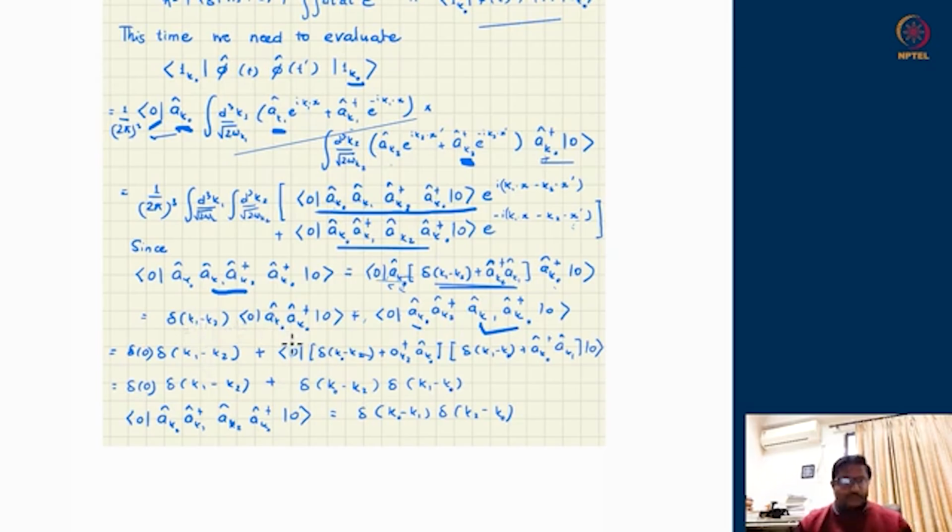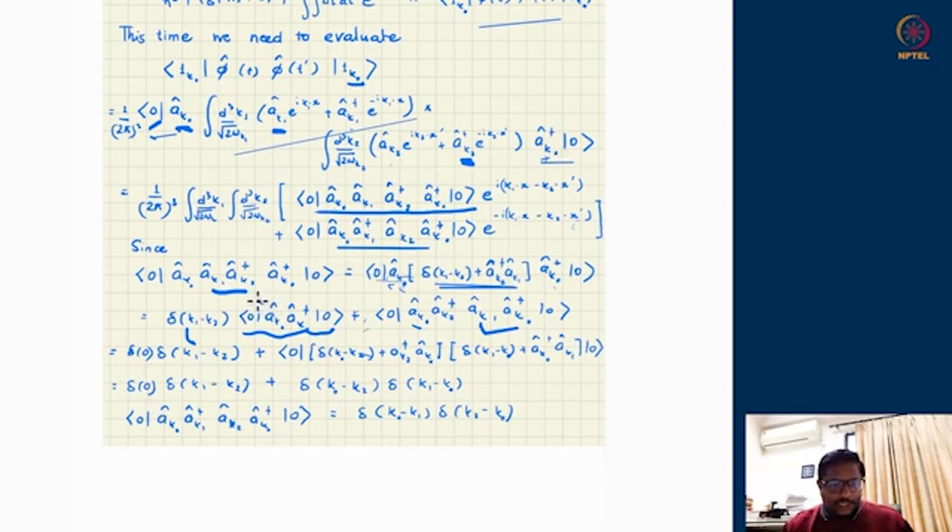The first term which I'm going to write here is delta(k1 minus k2), which is coming from here. And then a_k0, a_k0 dagger, if I try to compute, you can see that this object is the inner product of the 1_k0 state with itself, which will just give me delta(0). Remember, the 1_k0 state has a normalization of delta(0).